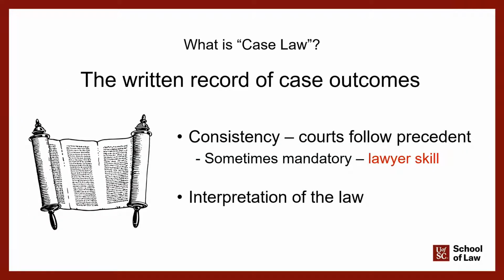So when I talk about case law, what I'm really talking about is the written record of all of these cases, because the court makes a decision and they write it down. And the reason we have this written record, and it goes back to the Middle Ages, is because the courts and people generally want to see the law applied consistently.